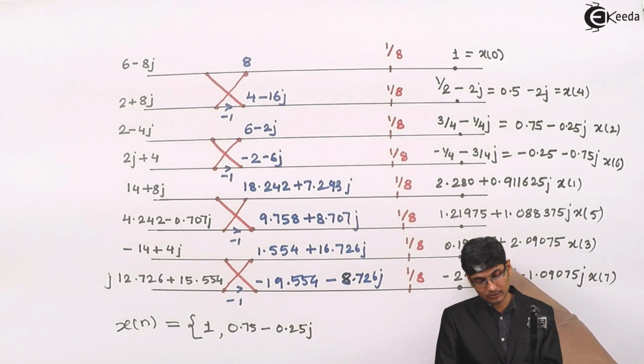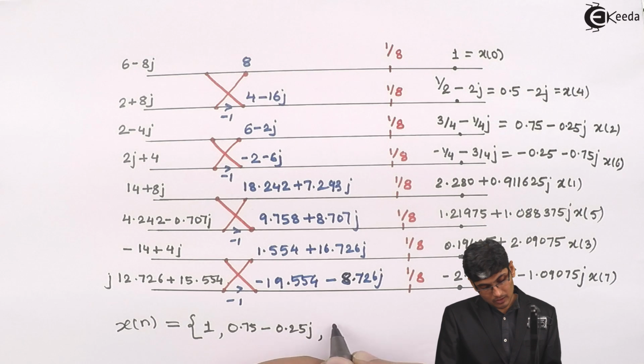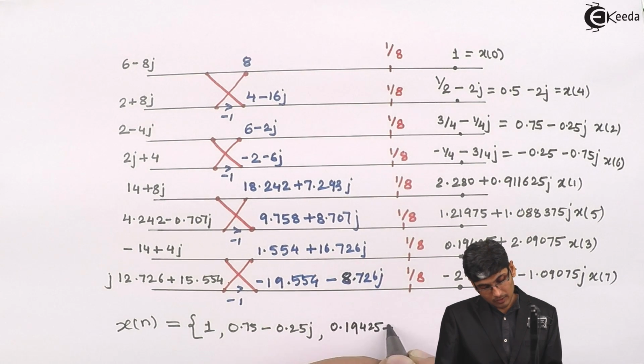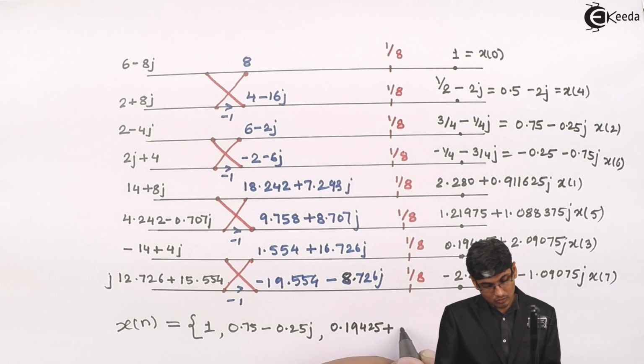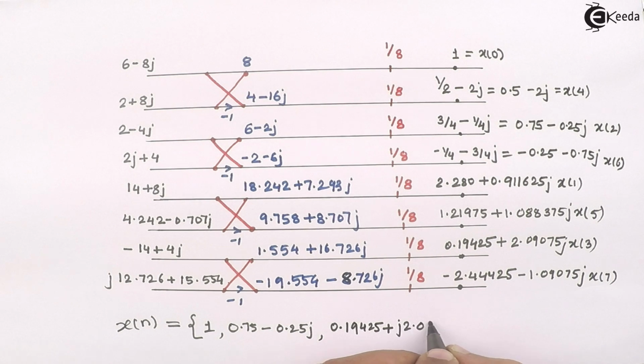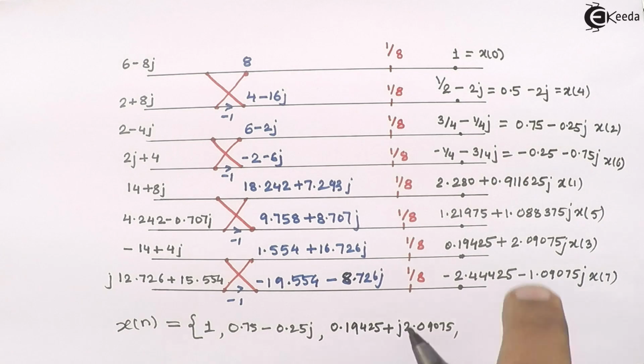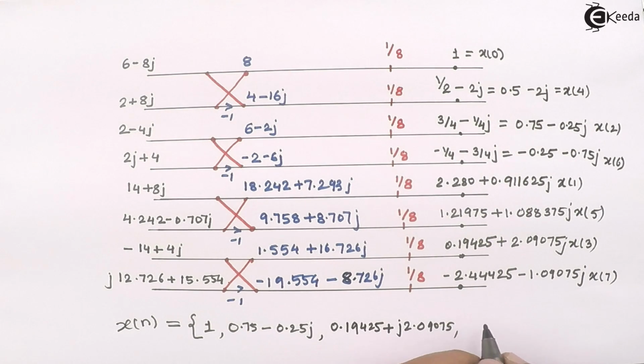Then I will go to x of 3, which is over here, comma 0.19425 plus j 2.09075. Then we have to write x of 4, which is over here, which is 0.5 minus 2j. Okay, that is x of 4.